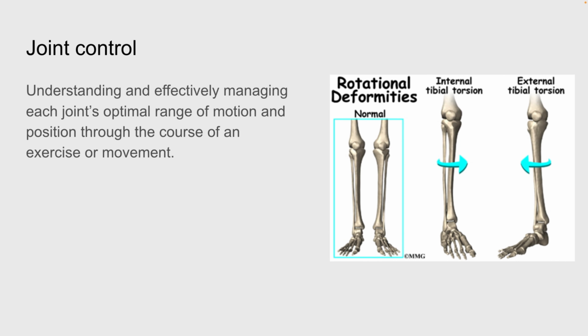Next, we want to look at joint control. Understanding and effectively managing each joint's optimal range of motion and position through the course of an exercise and movement. So joint control and mobility go hand in hand. To have mobility means being able to control one's joint in space. To have flexibility means to be able to passively load a joint to its maximum end range of motion.